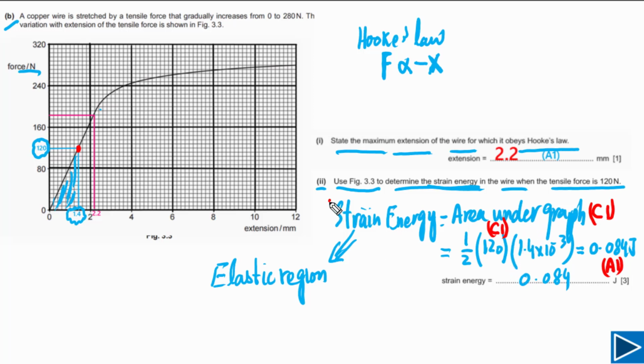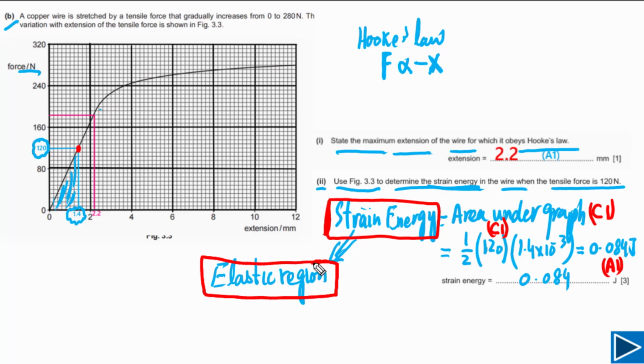So the main takeaway from this one is that strain energy is equal to area under graph as long as the wire is in the elastic region. You have to be very clear about this. You can calculate strain energy by calculating the area under the graph only when the wire is in the elastic region.